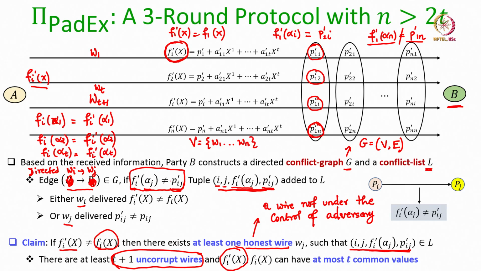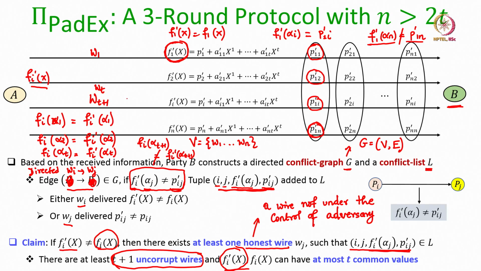In that case wire t also will not be in conflict with wire i, but it can't be the case that the value of the actual ith polynomial at alpha t plus 1 is the same as the value of the changed ith polynomial at alpha t plus 1. No, it will not be the case, because we know that two different t degree polynomials can have at most t common values.